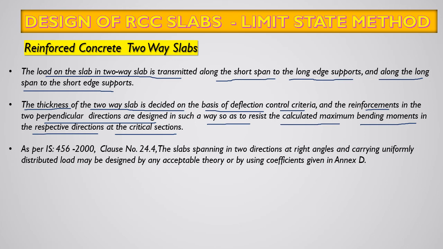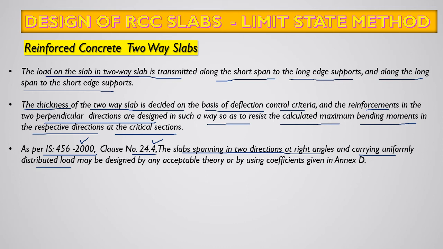Another question is how to calculate the bending moment. As per the guideline mentioned in clause 24.4 of IS 456, this clause is talking about two-way slabs, slabs spanning in two directions at right angles and carrying uniformly distributed load.